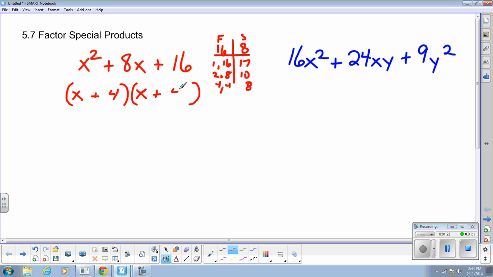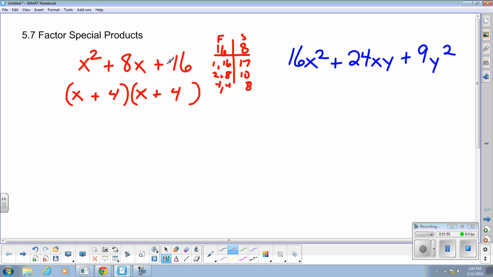Take a look at the answer of x plus 4 times x plus 4. There are a couple of patterns I want you to notice. The first is that what's inside the parentheses is identical: x plus 4 and x plus 4. This trinomial, x squared plus 8x plus 16, is called a perfect square trinomial, because it follows a set pattern. x squared is a perfect square, and the square root of x squared is x.